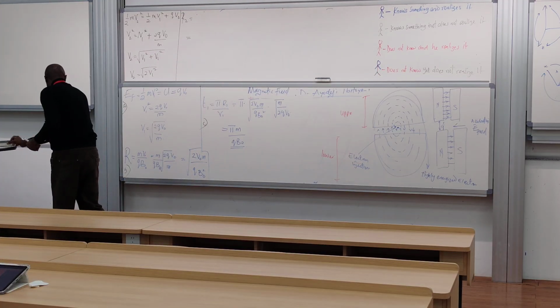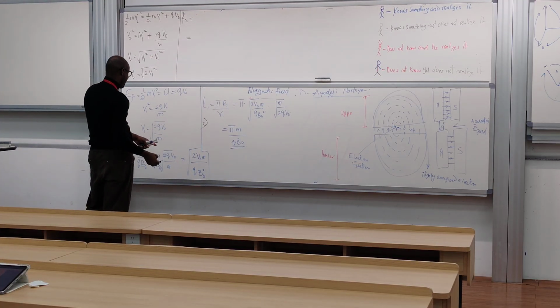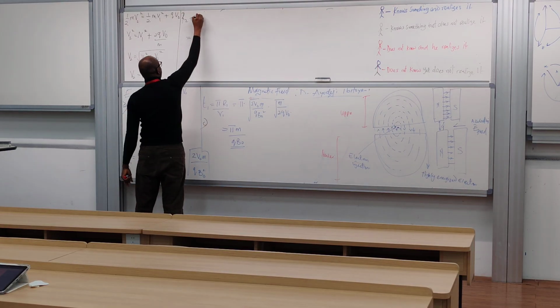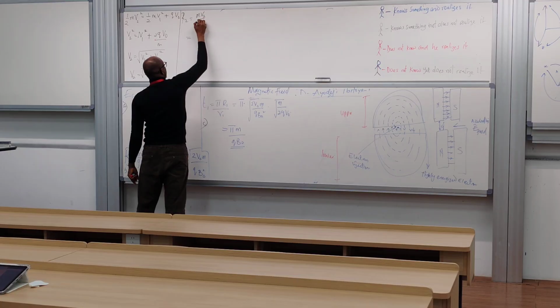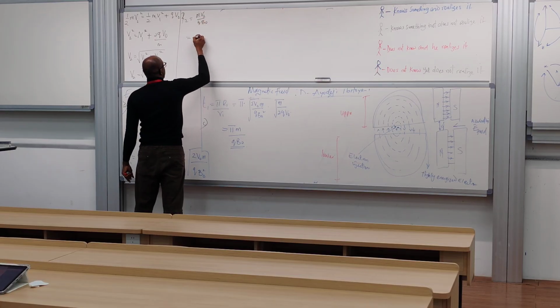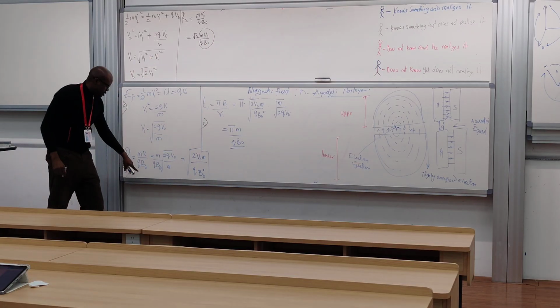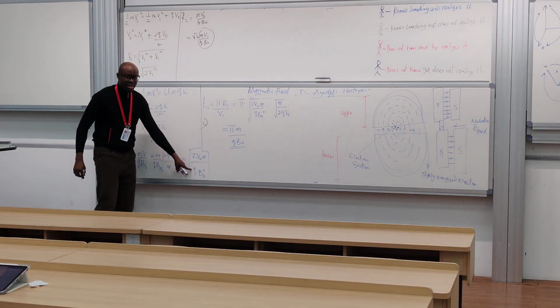So if this is R1, yeah, of course we can even start with this, m v2 over q v naught. So indeed that is root 2 m v1 over q v naught. So all of this is this, and that gives us this, right?